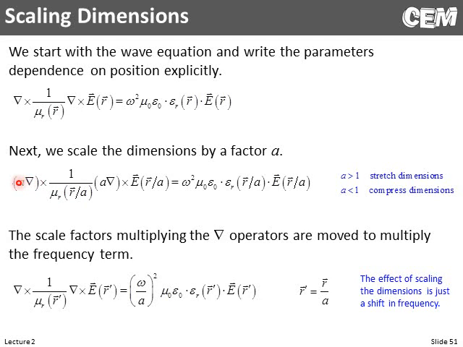So here we'll multiply by A. So all we're doing is scaling the physical dimensions by a constant A. Now what we can do is pull A out and bring it under the frequency term. So what we have is the standard wave equation again, but just with the frequency scaled. So in other words, the device is going to do the exact same thing, the scaled device, just at a different frequency. So that's kind of proof of that.